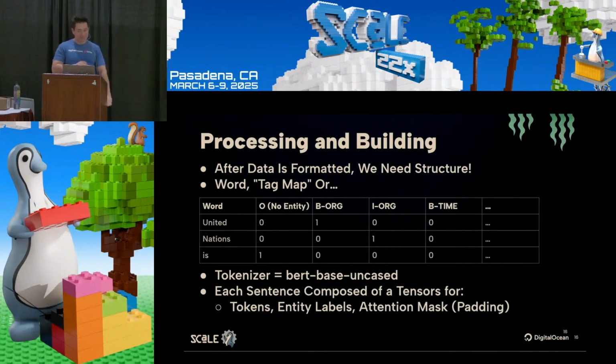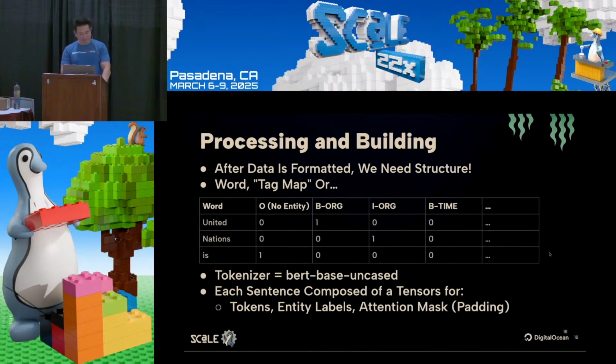And in the second, or these multiple columns, if we don't care about a particular word, like the word "is", it has a tag of O, which means I don't care about this.